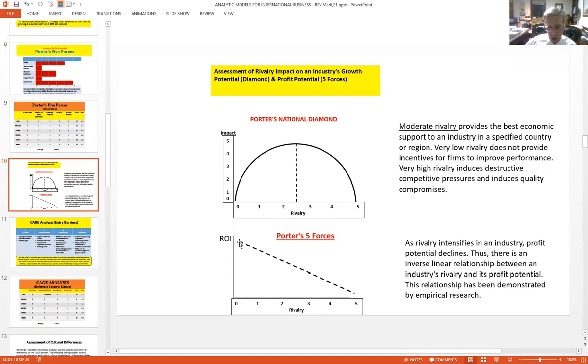But the industry, on the other hand, probably is not going to grow very fast because the monopolist doesn't have a lot of incentive to raise the level of performance. So that takes us to the diamond. If we want an industry to flourish and grow, we don't want rivalry to be low, because then there's no motivation, no challenge to raise the state of the art.